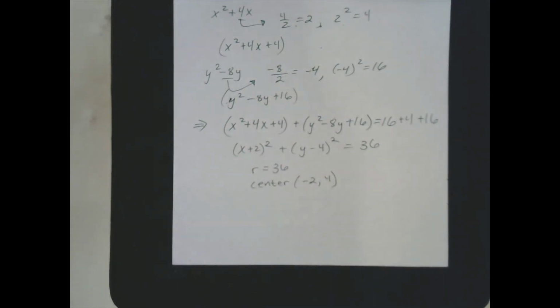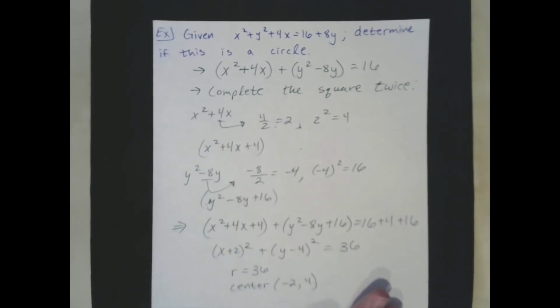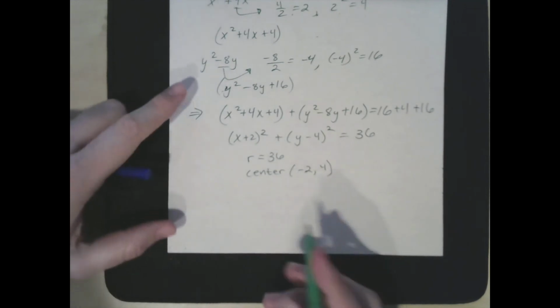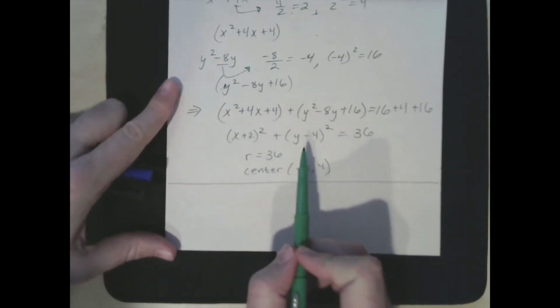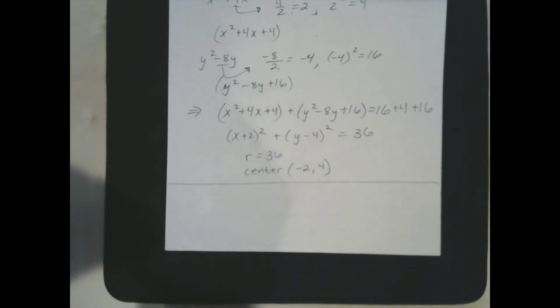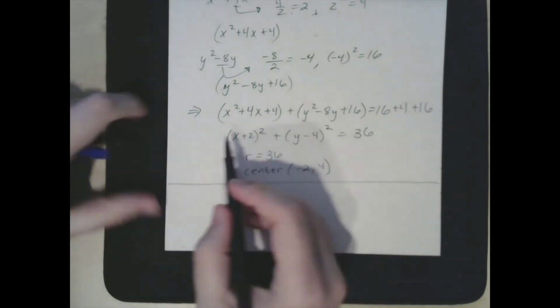Now, one thing that's really important when you're dealing with these types of problems where you need to complete the square is the only way that this fails to be a circle is if you end up with negatives here.